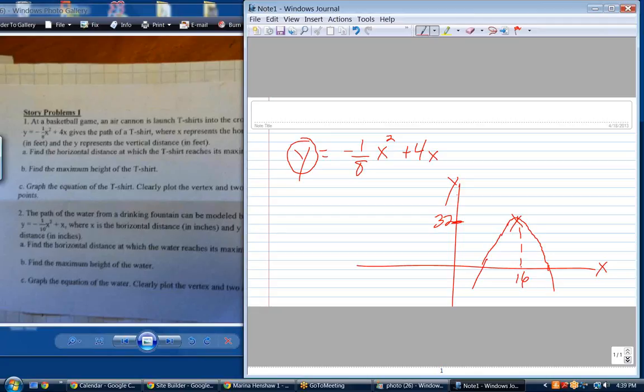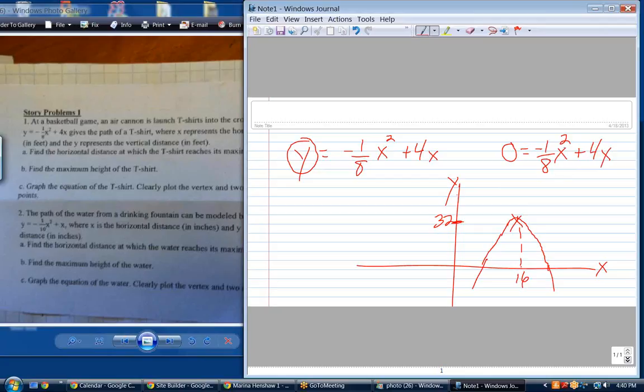What's the value of y? 0. Yeah, so what we really have to do is solve this equation. If we solve this equation, it'll tell us the values, and it looks like there's 2 of them. It'll tell us which values of x make y equal to 0.